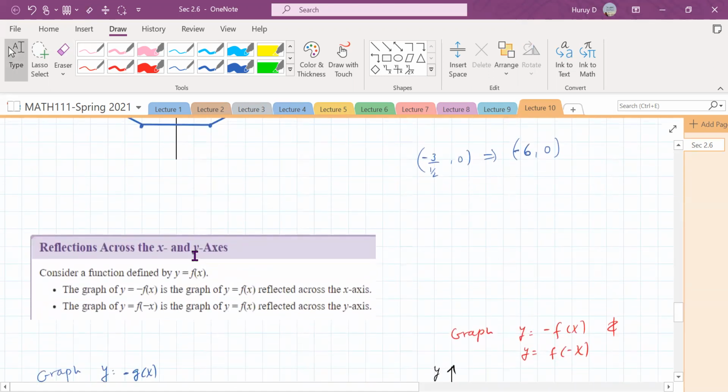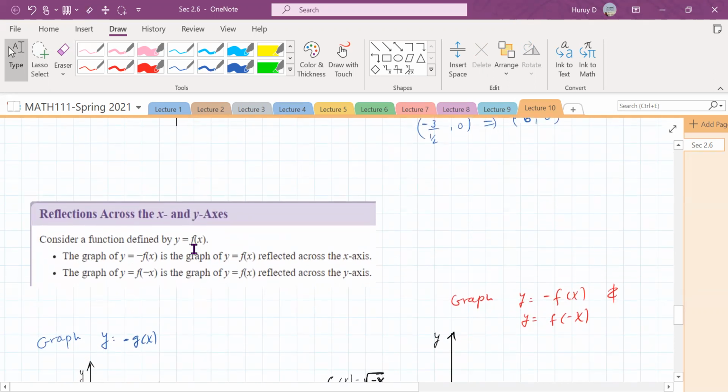Okay. And another important thing here is reflections across the x-axis and the y-axis. This is another transformation. When you have a graph, you can always reflect it across the x-axis or the y-axis. For example, if you have something like this, you can reflect it along the y-axis, and it will look like this one.